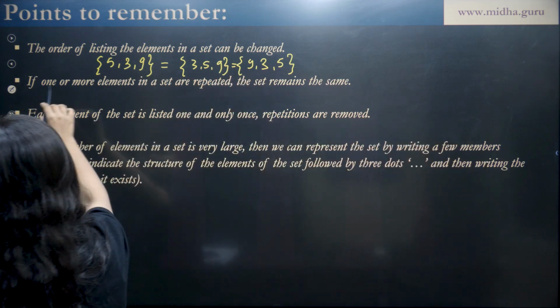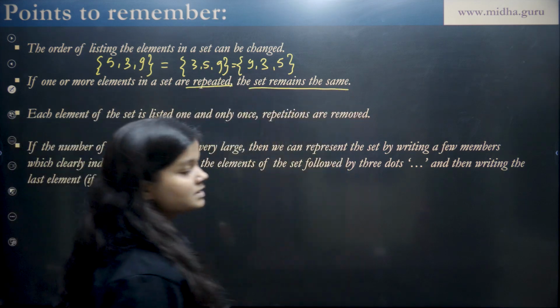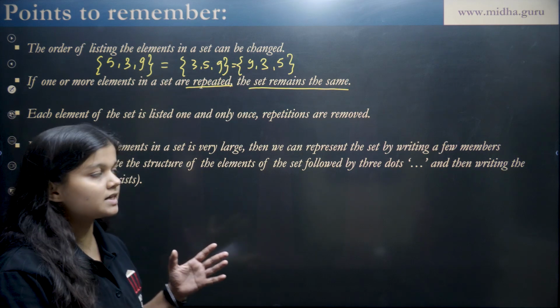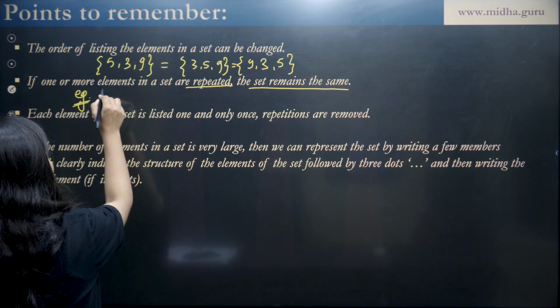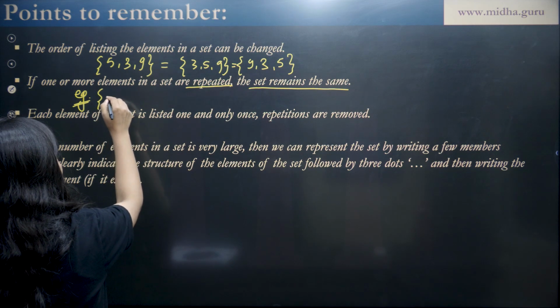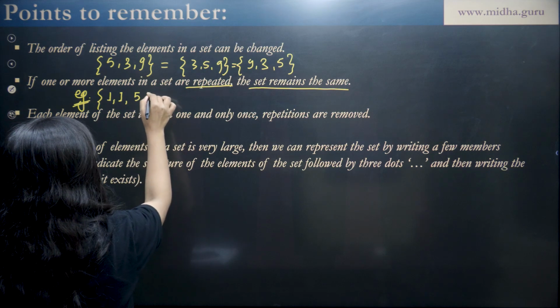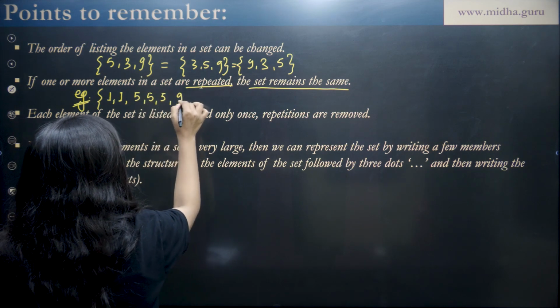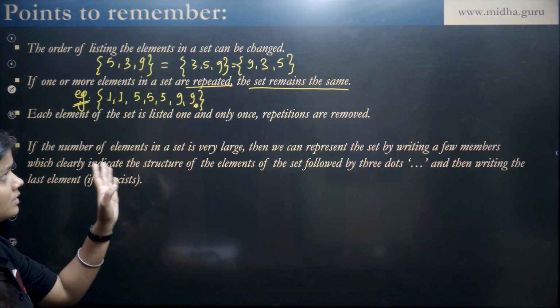Now second is, if one or more elements in a set are repeated, the set remains the same. For example, let's understand this with the help of an example again. Let us take a set which has 1, 1, 5, 5, 5, 9, 9. Okay, so these are the elements inside the set.